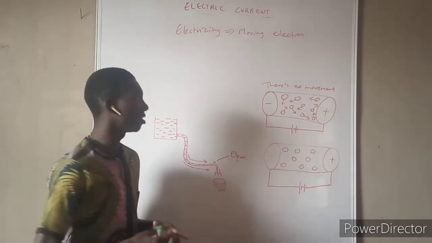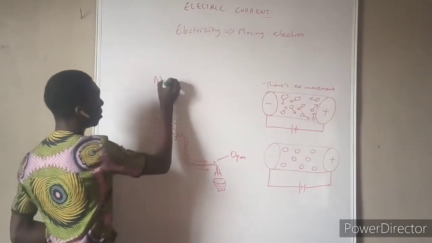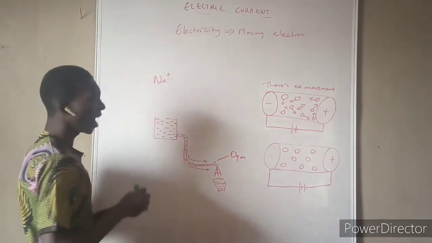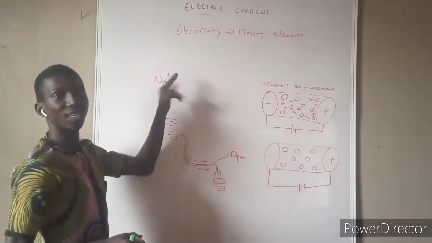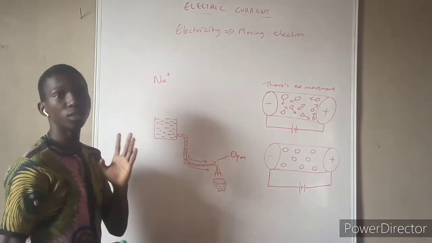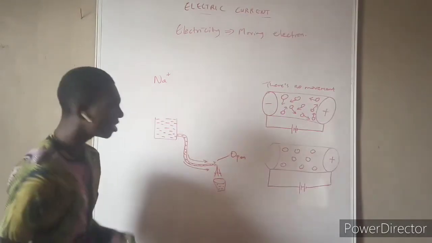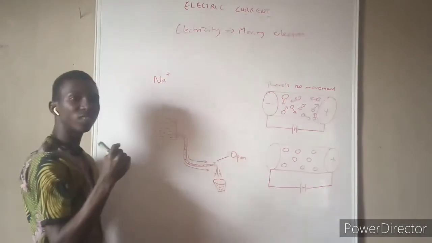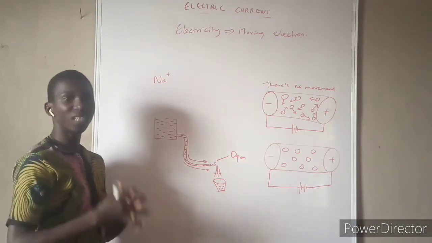Are you getting it? In the case where we have sodium as a metal, it conducts electricity because it has an extra electron in the atmosphere, which enables free, mobile electrons. The major thing that enables elements to conduct electricity is the free movement of electrons in the atmosphere.